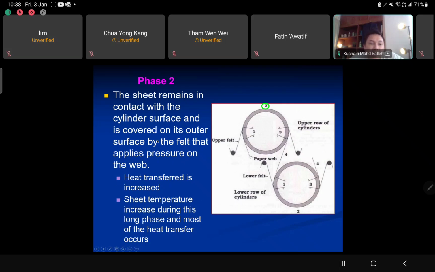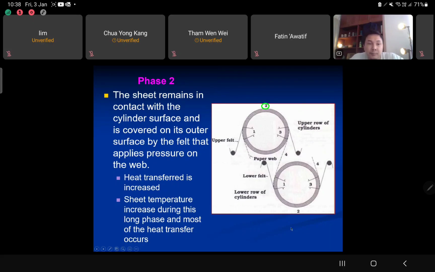So here in phase 2, as you can see, the felt applies pressure on the web. Heat transfer is increased since there is higher contact with the cylinder, and the sheet temperature increases during this long phase, where most of the heat transfer occurs.